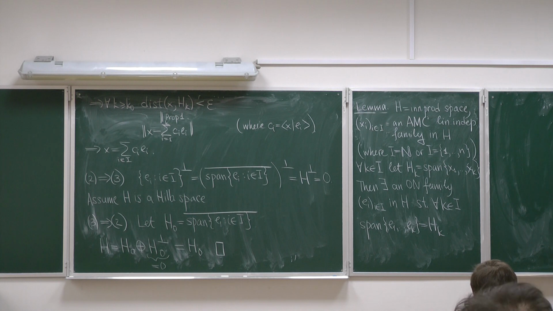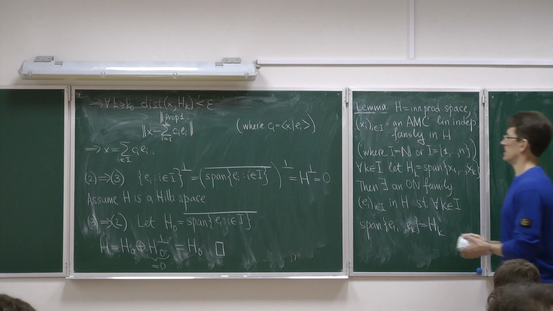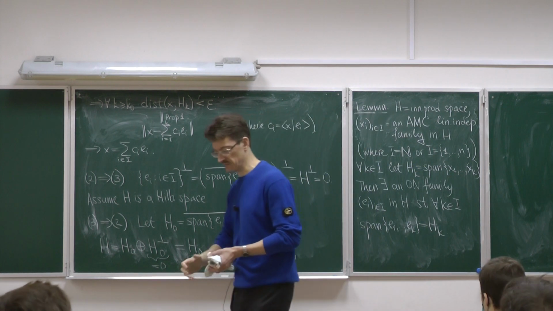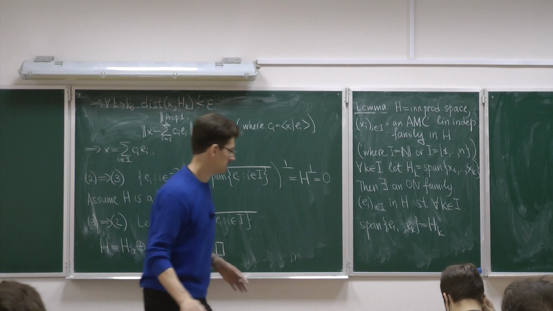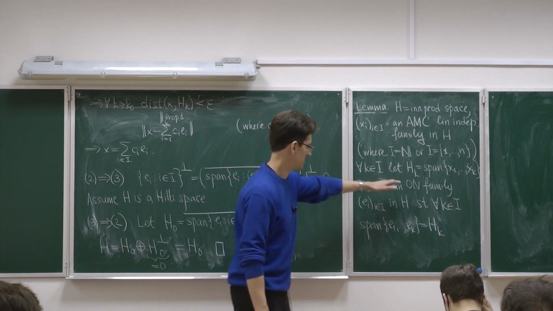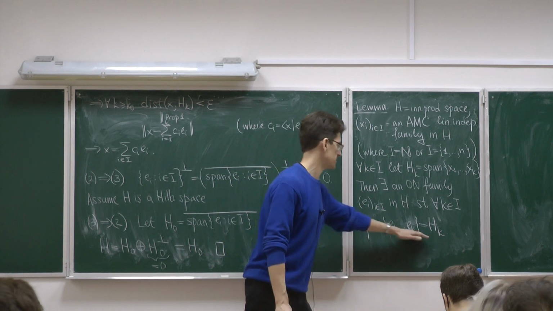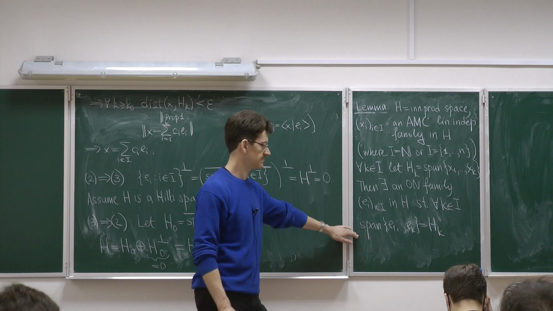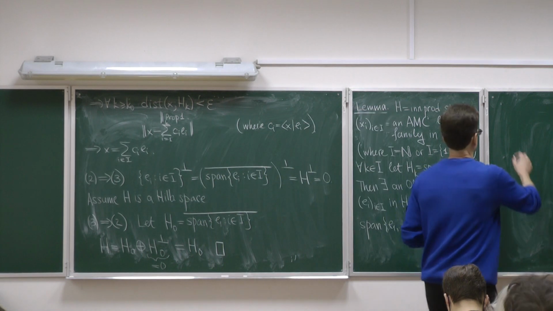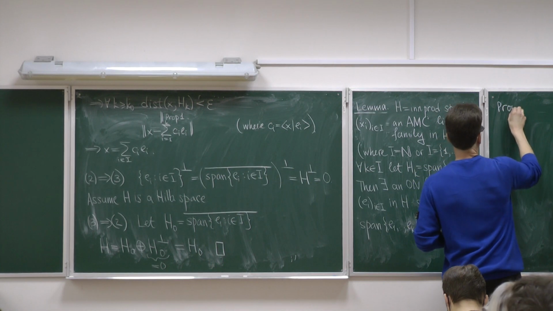In other words, we can replace our linearly independent family by an orthonormal family in such a way that these linear spans remain the same. The proof is absolutely classical.